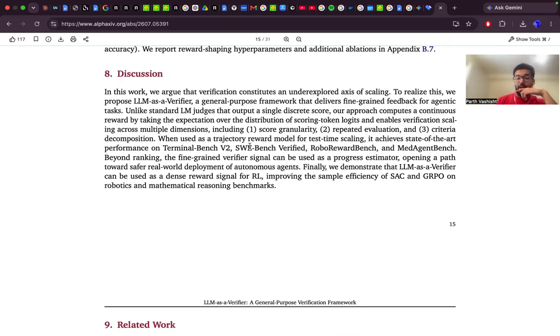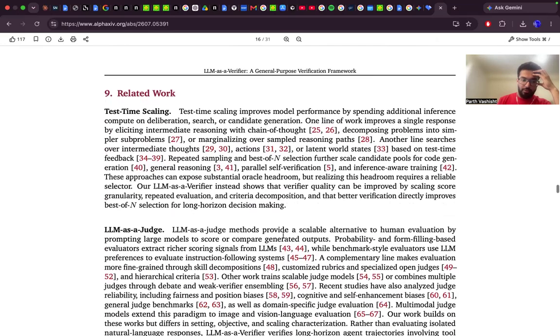Now, when used as a trajectory reward model for test time scaling, it achieves state-of-the-art performance on Terminal Bench V2, and other benchmarks, improving sample efficiency and GRPO on robotics and mathematical reasoning benchmarks.